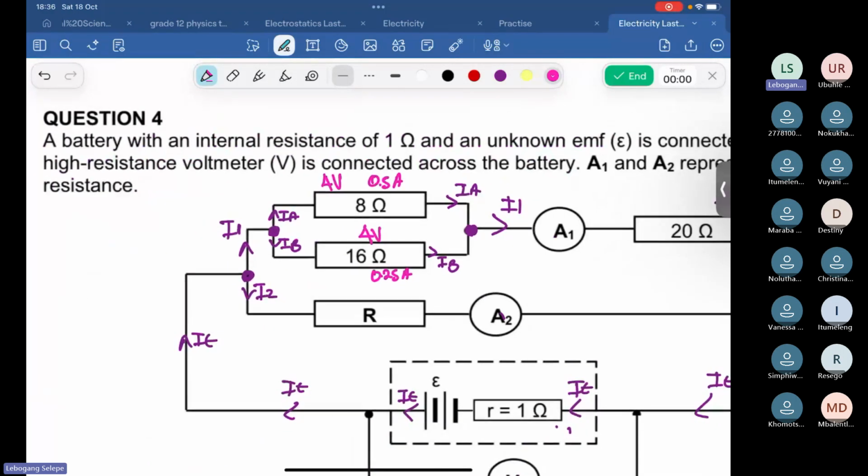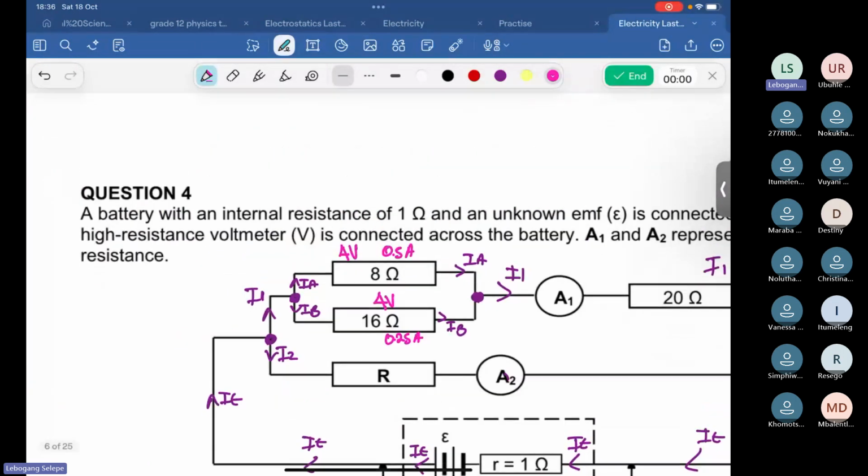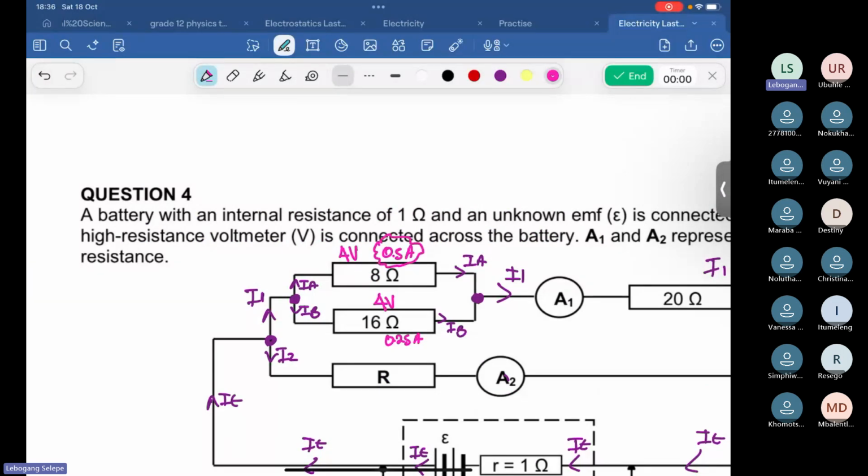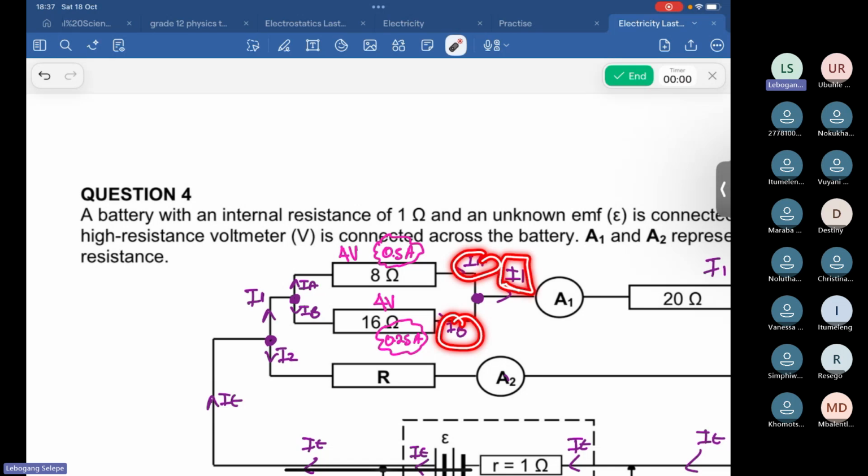But look at this thing here, how beautiful it is. 0.5 A and 0.25 A. You see this 0.25, it's IB. This 0.5, it's IA. And when we combine IB and IA, they give us I1.